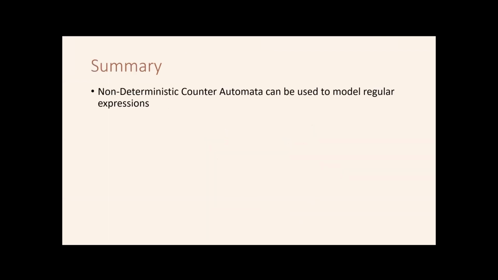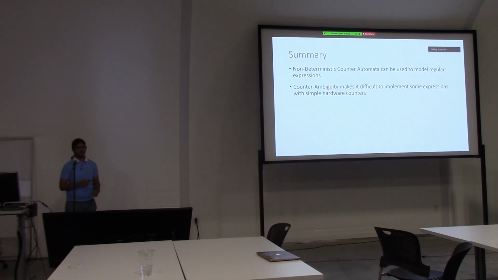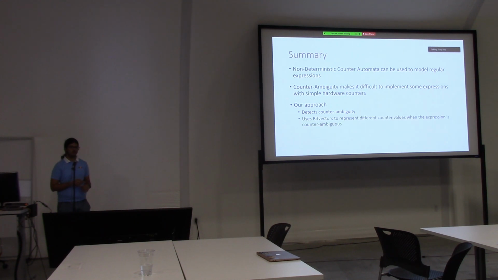Let's summarize. Non-deterministic automata can be used to model regular expressions. When we try to implement these in hardware, we might see a particular phenomenon which I call counter ambiguity. We have designed a mechanism of analysis that helps us detect counter ambiguity.